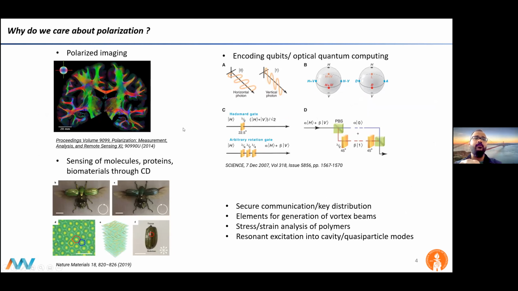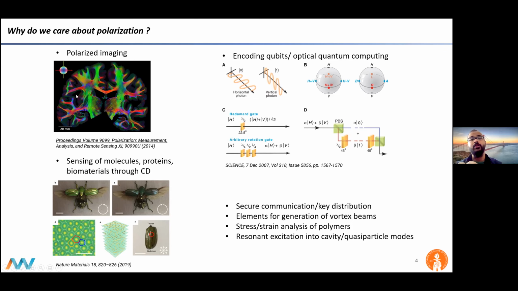If you want some convincing why we care about polarization, I've listed a few examples. First of all, if you want to do imaging in neurons or fibers in the brain that have some dichroic activity, you can get very nice information about depths or dichroic activities by doing Stokes imaging, or what is known as polarized imaging.